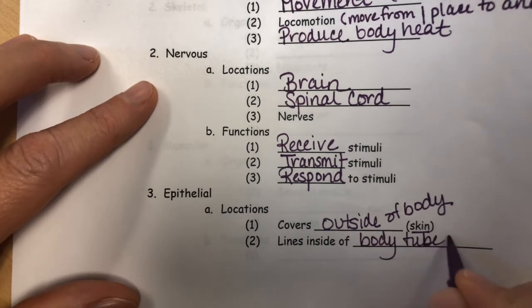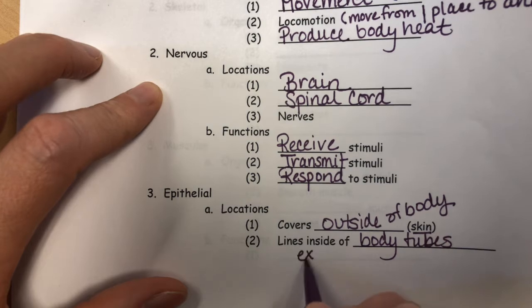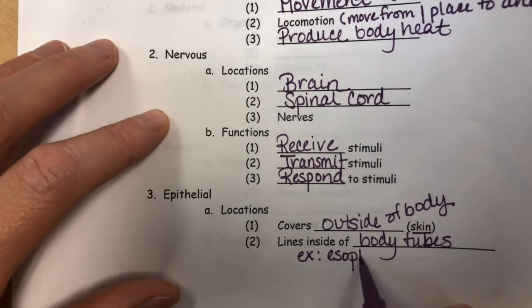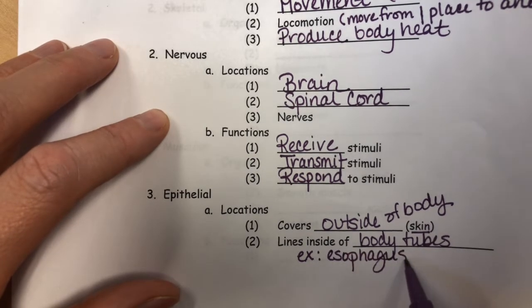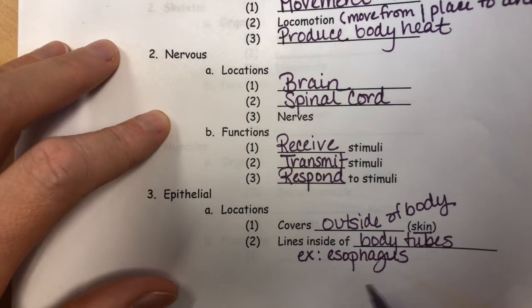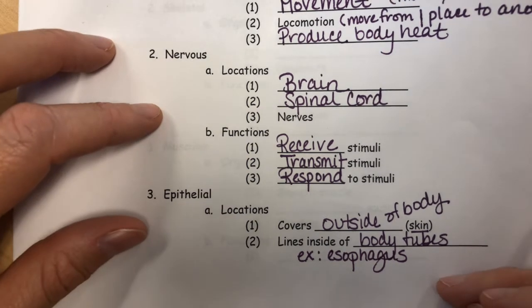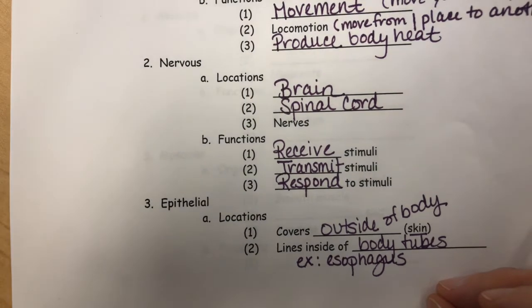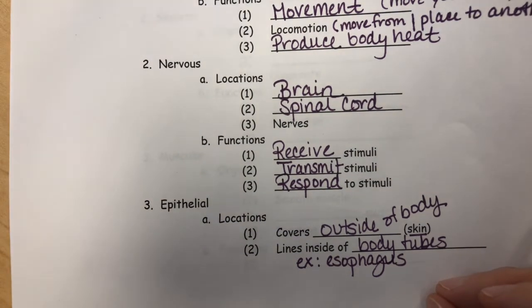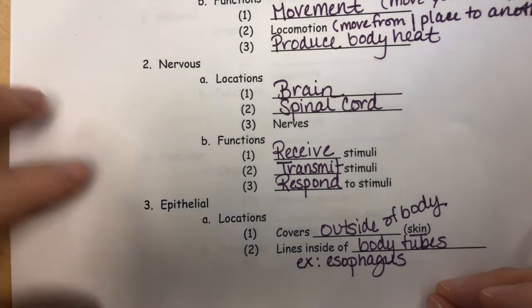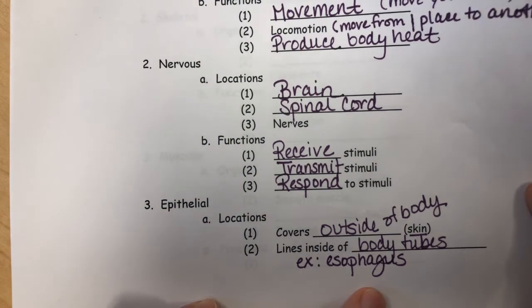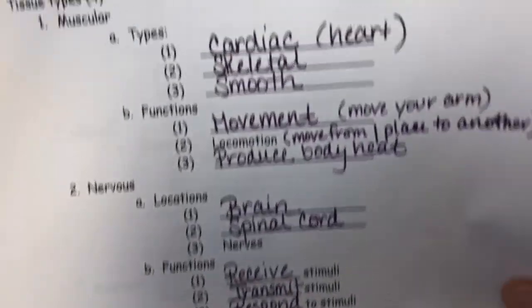So the example I'm going to put here is your esophagus. When you swallow, your food goes into your esophagus, which is a long tube that connects the back of your throat to your stomach, and there's a lining there, and that's an epithelial lining, all right? And so your food will travel through that. Let's go to the next page.